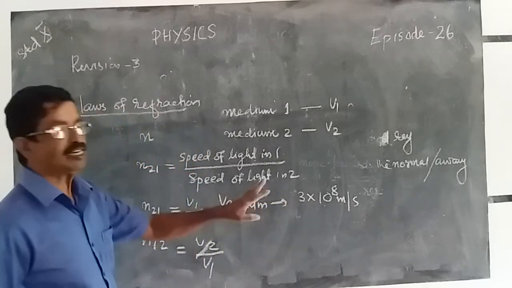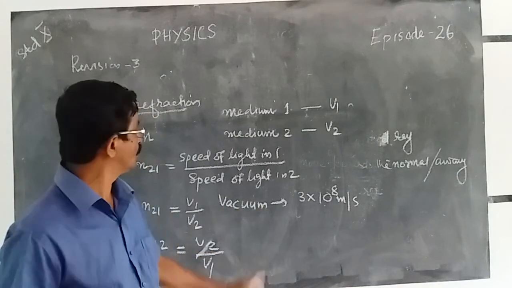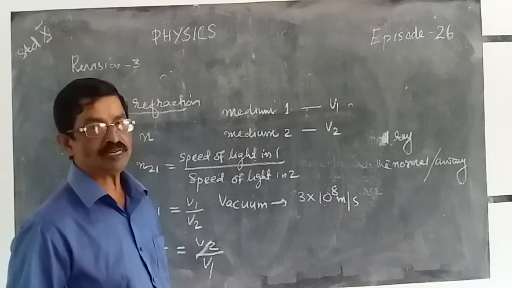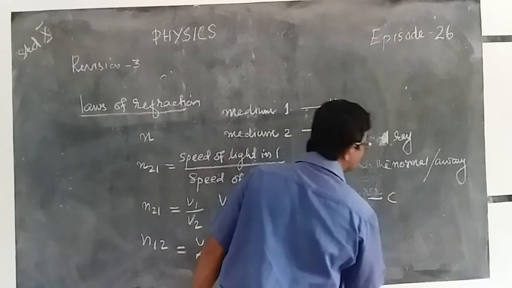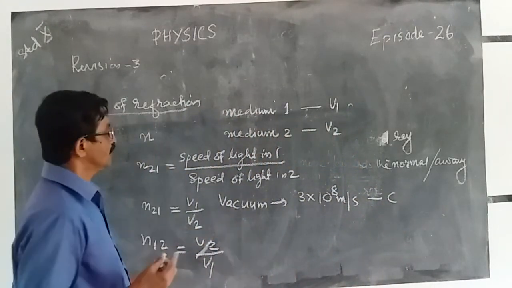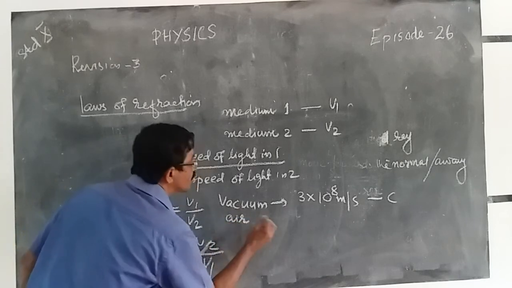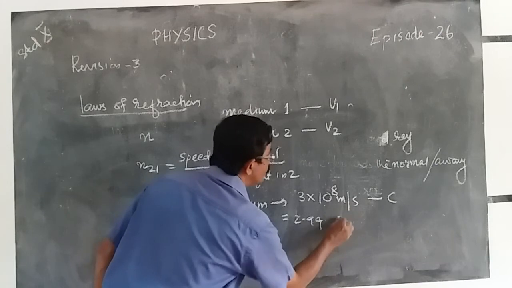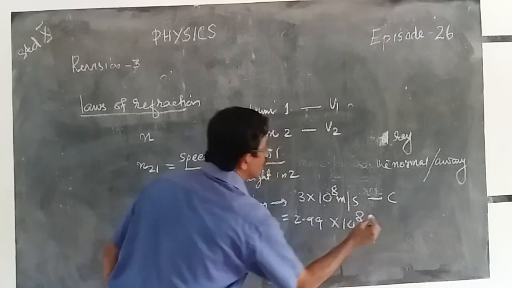The medium through which light travels with the maximum speed is vacuum, that is 3 into 10 raised to 8 meter per second, and that speed we take as c. For vacuum or air it may be taken as equal, that is 2.9998 into 10 raised to 8 meter per second.